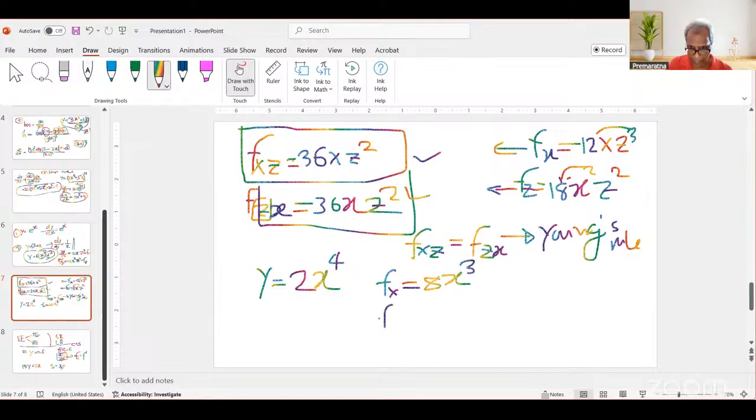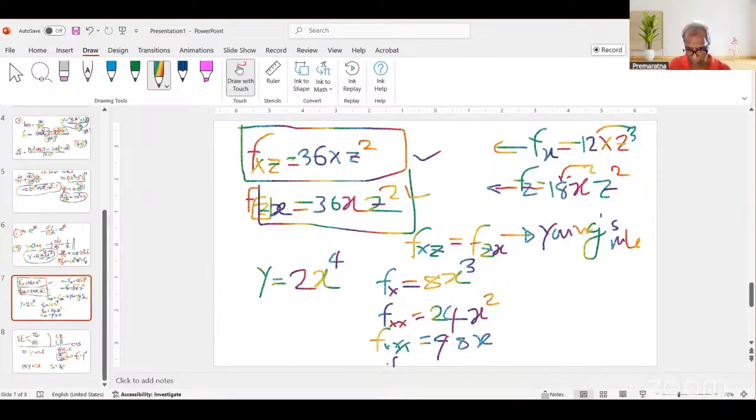We can differentiate again until this power disappears. The second time when you differentiate, the answer becomes 3 times 8 is 24 x squared. If you want, you can differentiate again, a third time, and the answer becomes 48x. The last time, this differentiated is 48, the fourth time.